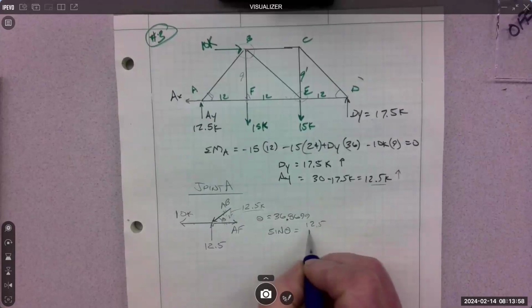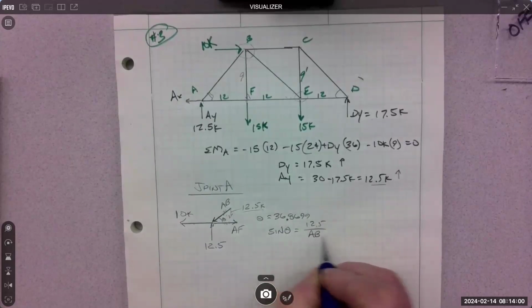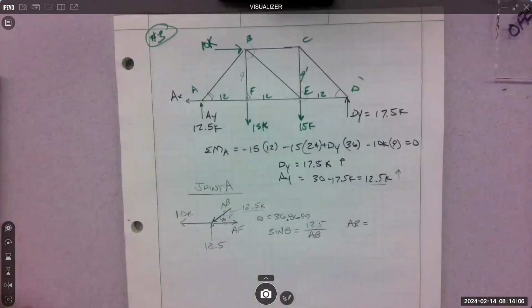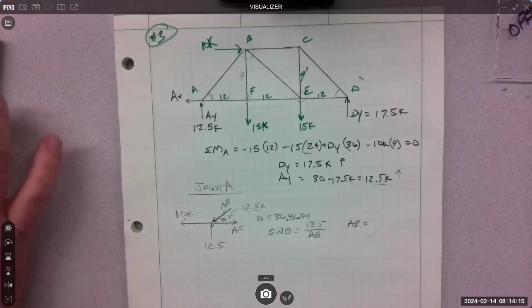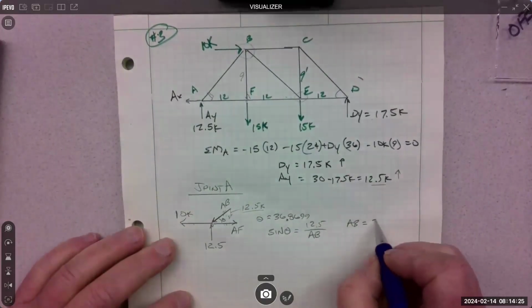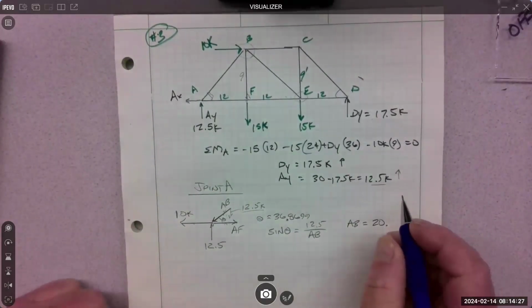Sine theta is 12.5 over AB, so AB equals 12.5 divided by the sine of our theta. 20.833. Anyone get that? Yeah. I got it. Okay. Don't want to make any early mistakes.